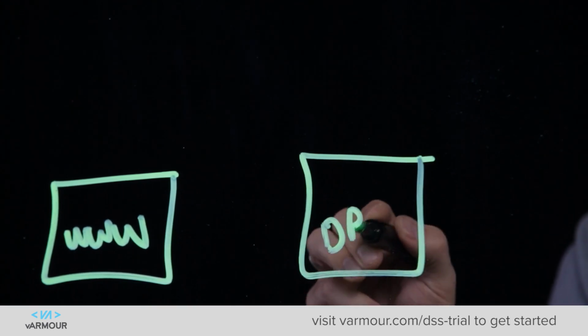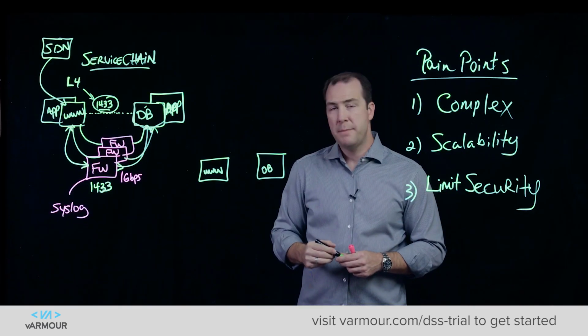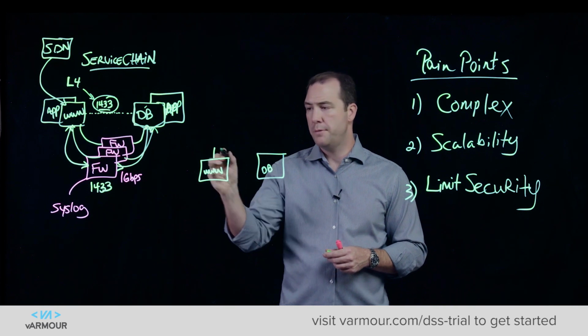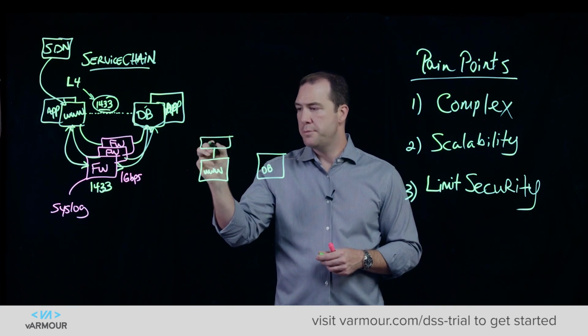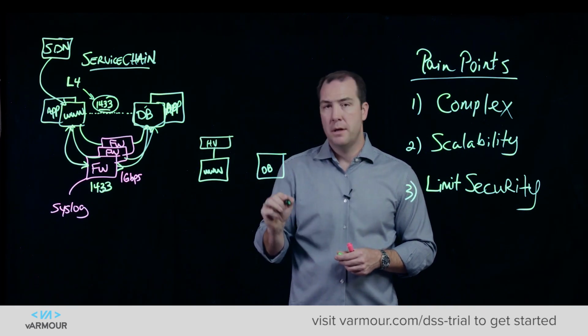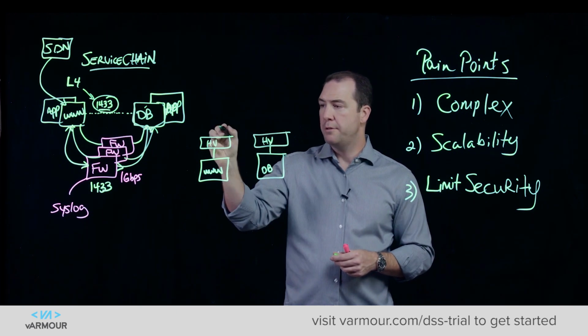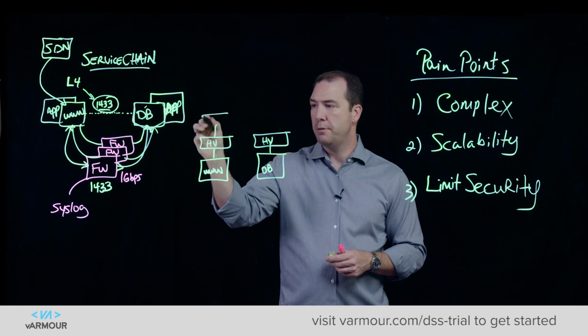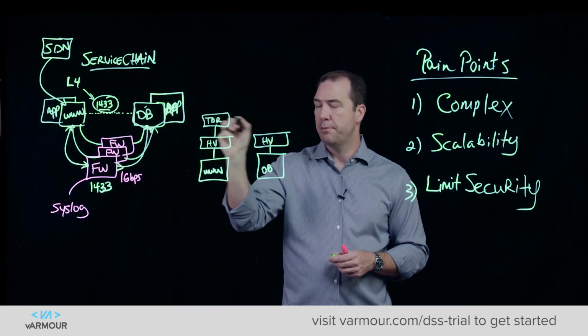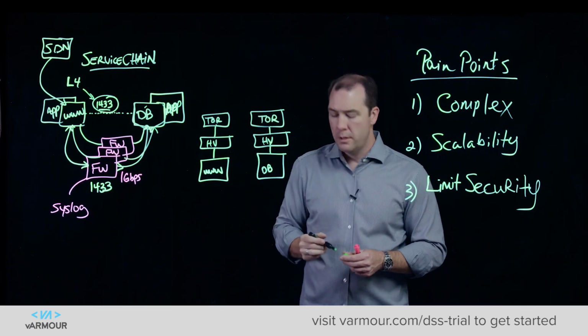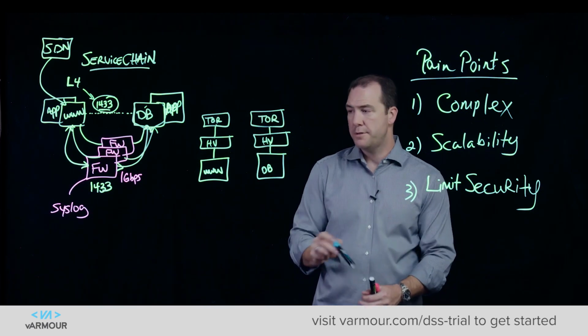Now let's imagine, tying back to our previous example, that this web server is on a hypervisor, and this database is on another hypervisor, and those go up to my top of rack switches again, and it feeds into the rest of my network. All right, so we have that architecture built.